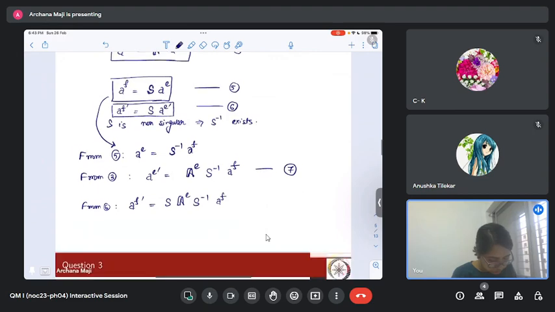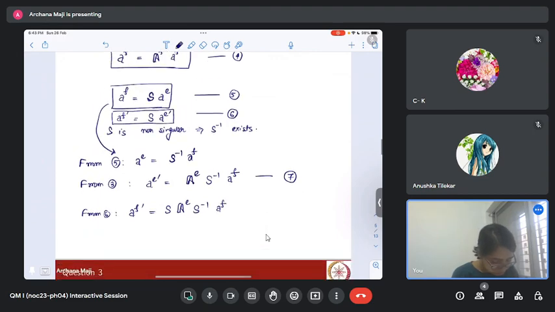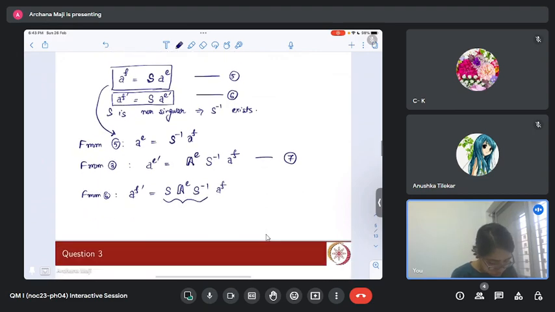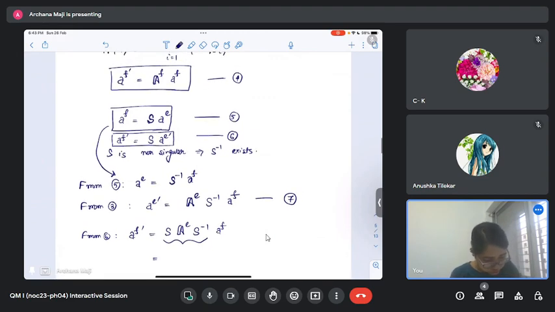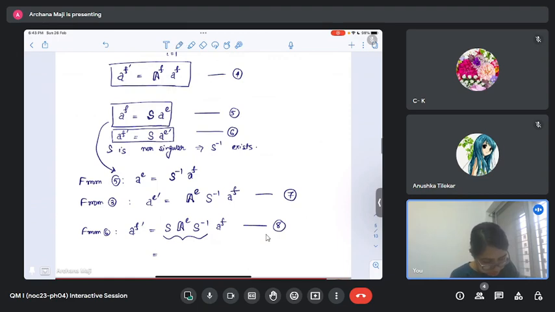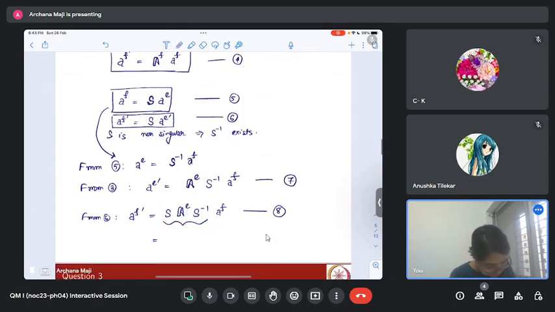So what do we get? So this is nothing but, if you compare equation 4 and 8, you can see that AF, the matrix form of the given operator when you write it in F basis, is related to the matrix form of the operator in E basis in this way.